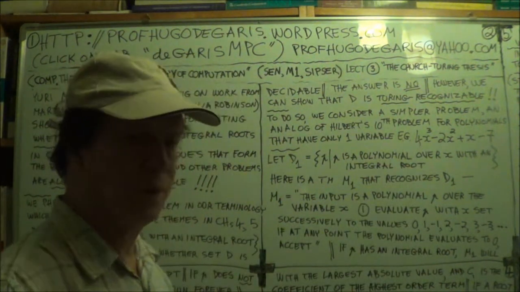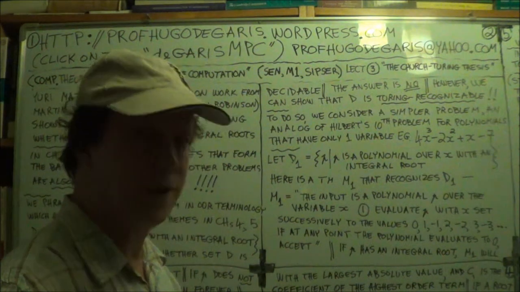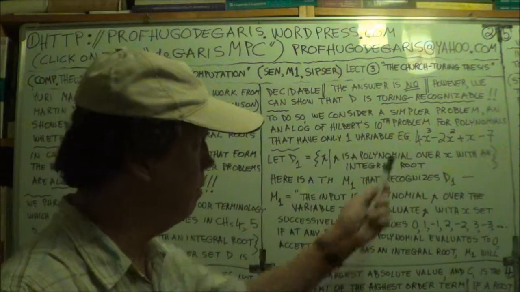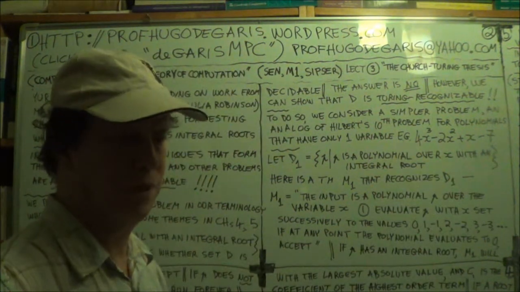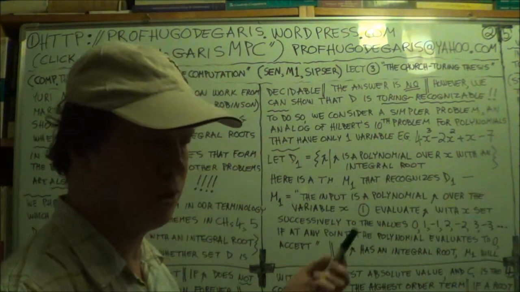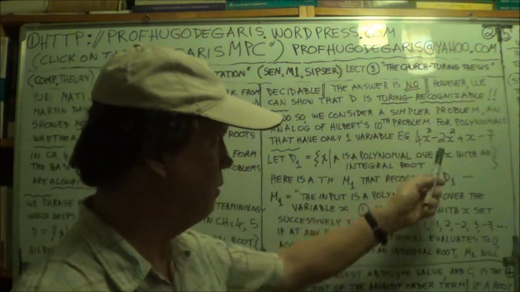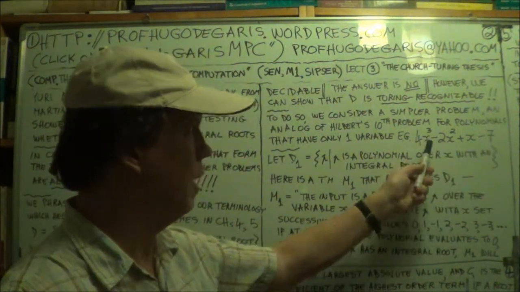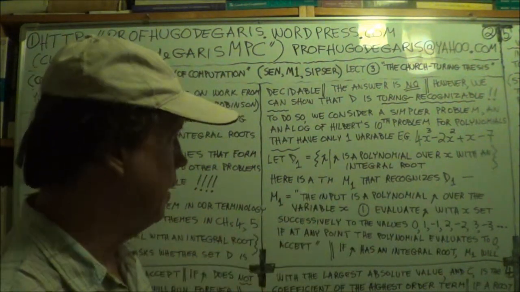So if x does have an integral value that makes all this 0, then that value of x, that's a root, right? A root's just a solution to the polynomial. For the variables. There's only one variable, so we're trying to find the value of x. Okay, so here's the algorithm.